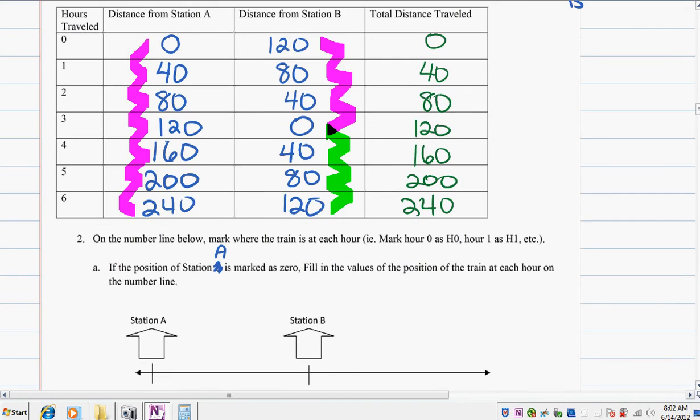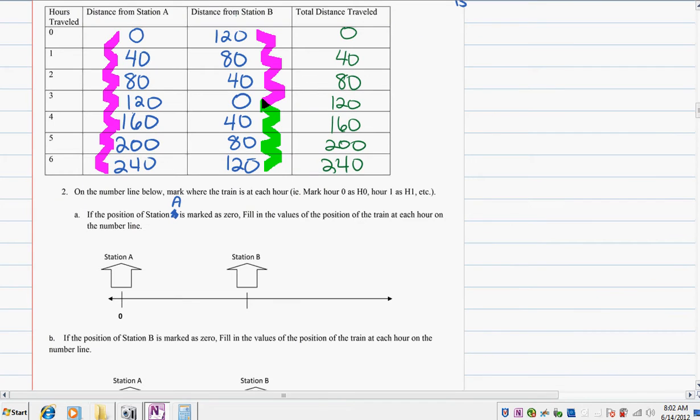So now, let me zoom out so we can see this all. On the number line below, mark where the train is at each hour. So if I start at station A, suppose A was my 0 point. So I'll count 0, my starting position is 0. And I'm doing everything relative to A. Fill in the values. Okay, well, let's see.